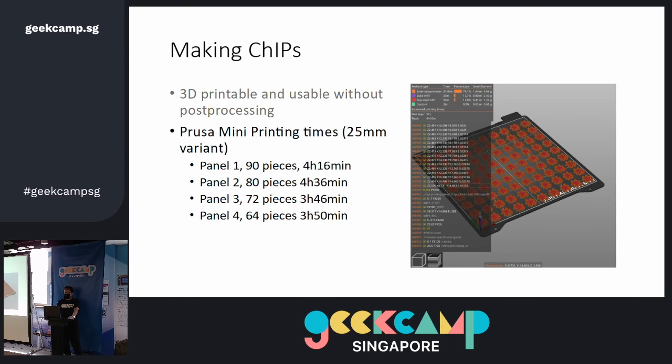So you set the system up, you set the print, then you wait for about 4 hours, and then you get 90 pieces of each part. For this model, the printing probably took about 2 to 3 days. The assembly itself would take about 2 to 3 hours. So it's a good activity to pass time.